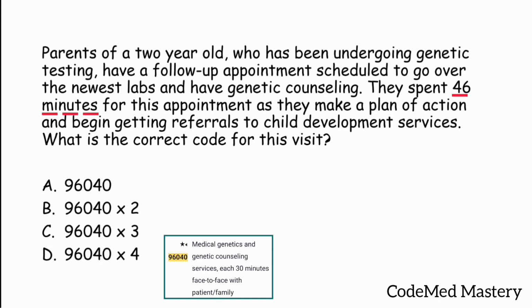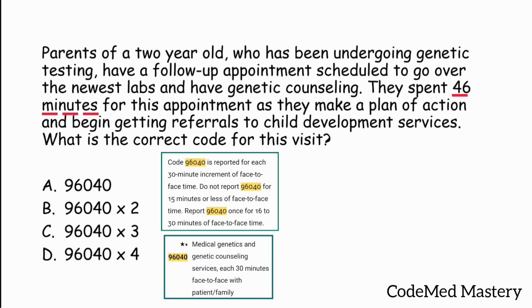Above the code 96040, they have given that code 96040 is reported for each 30-minute increment of face to face time. Do not report 96040 for 15 minutes or less of face-to-face time. Report 96040 once for 16 to 30 minutes of face-to-face time. So what do you understand by this? It simply means that we should not code 96040 for 15 minutes or less.